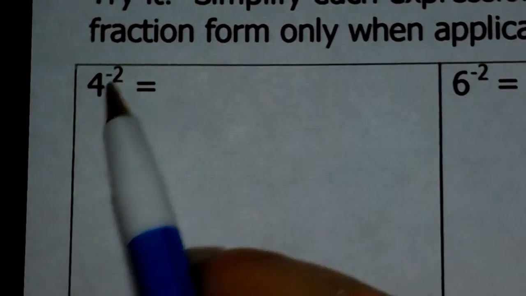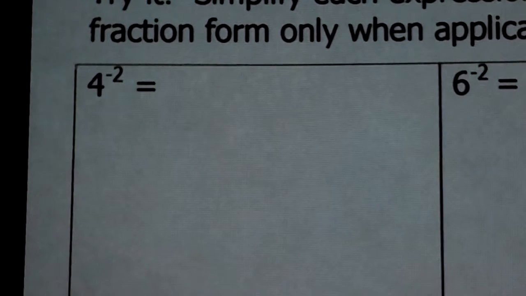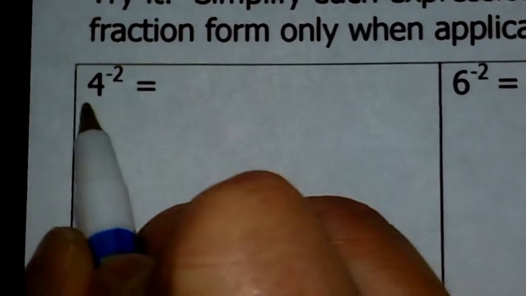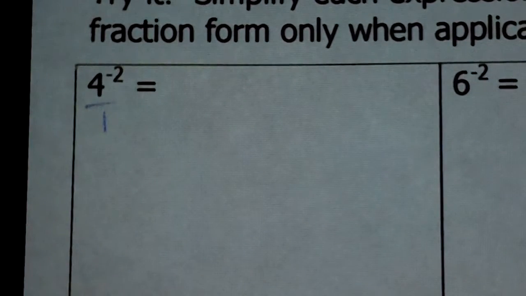Okay, so we're going to simplify each of these. Your final answers may not be decimals because I don't want us just typing things in the calculator. I want you to understand this whole reciprocal relationship. So fractional form when it applies. Okay, so I have 4 to the negative second power, right? This technically would be in the numerator spot. In order to clean up that negative exponent, I'm going to push it to the bottom.